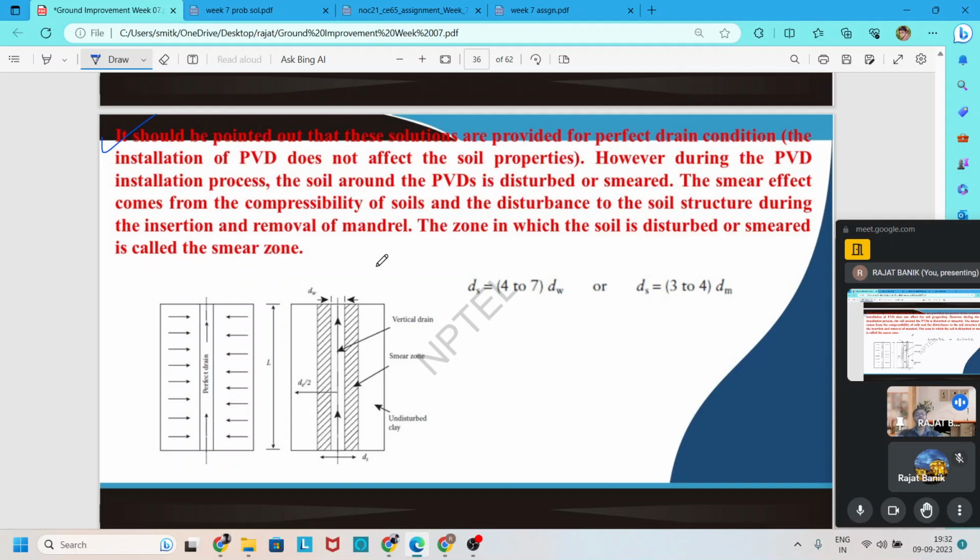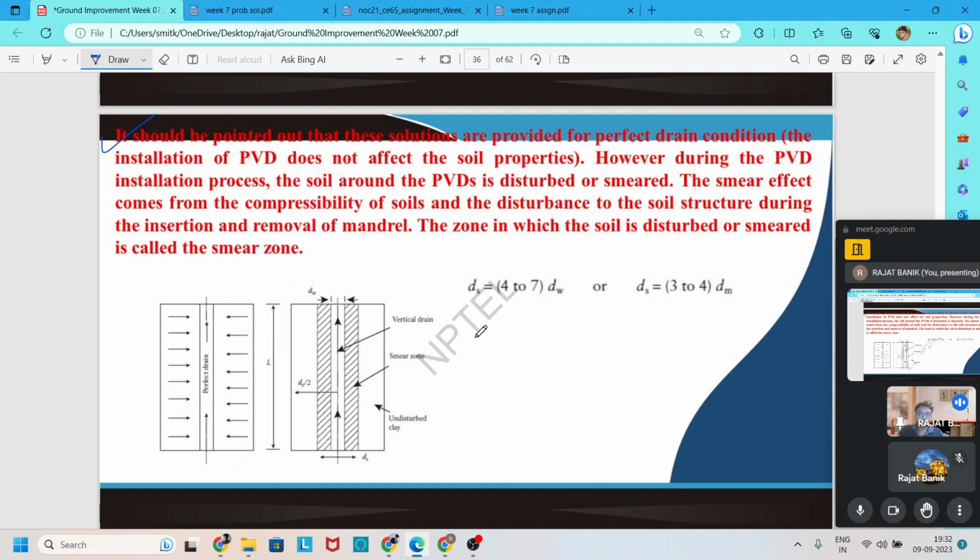In the previously discussed formula, we did not take care of the smear effect. But now, if we consider there is sufficient disturbance around this vertical drain, we need to consider the smearing effect. The smearing effect is nothing but the disturbance of the soil surrounding the vertical drain. Due to this, the permeability is reduced and the coefficient of consolidation is also reduced.